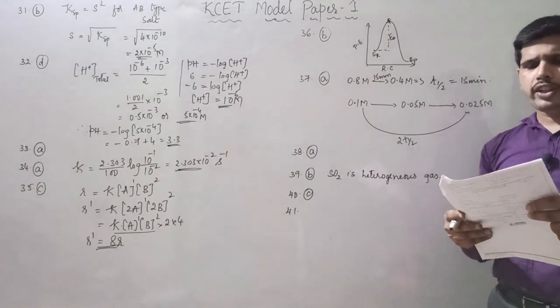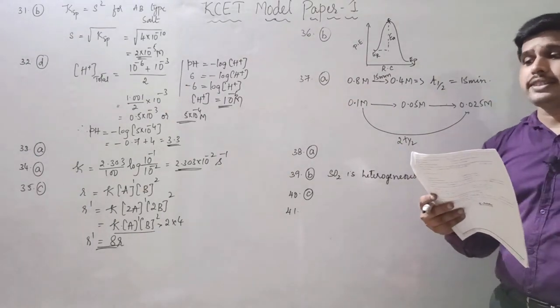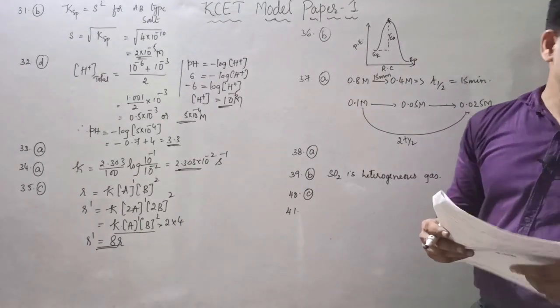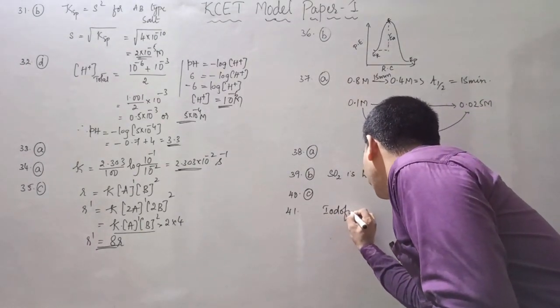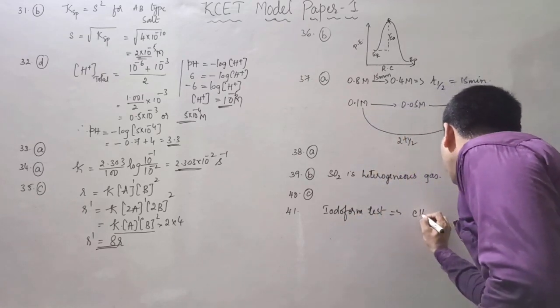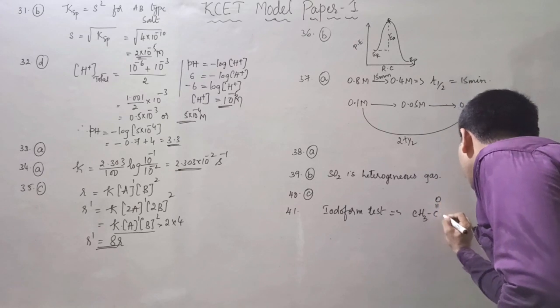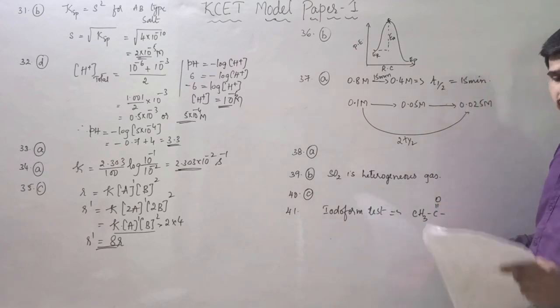41st one, which of the following organic compounds exhibits both Fehling's test as well as the iodoform test? The iodoform test is given by compounds having a methyl ketone group, so a methyl group should be attached to the carbonyl group.